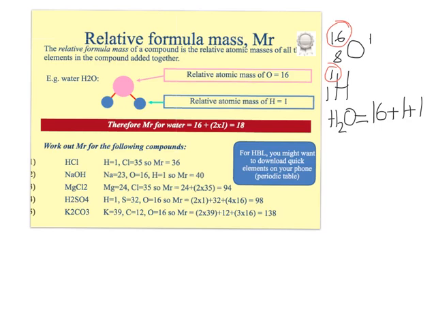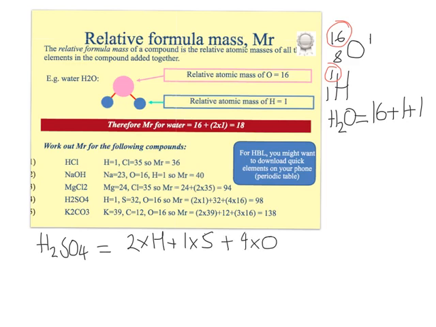Now, I'll pull out one randomly to explain a little bit more. You've got H2SO4, which is sulfuric acid. This tells us that we've got 2 times hydrogen from this 2 here, plus 1 times sulfur, plus 4 times oxygen.